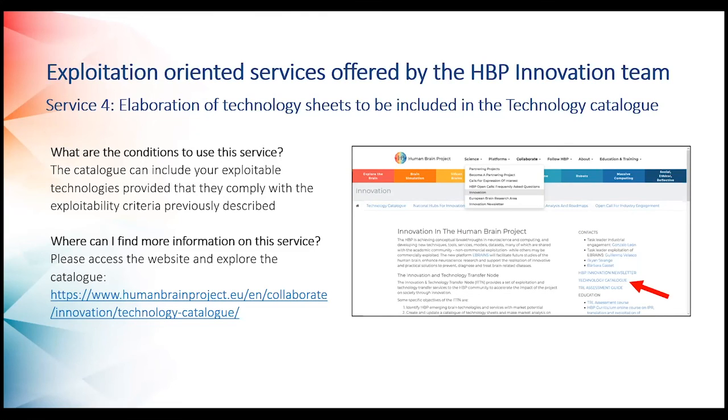If you have a technology that is not yet in this catalog and you wish it to be there, please contact us through Barbara or me, and we will let you know the next steps to be taken. You will find this catalog in the link provided in this slide.